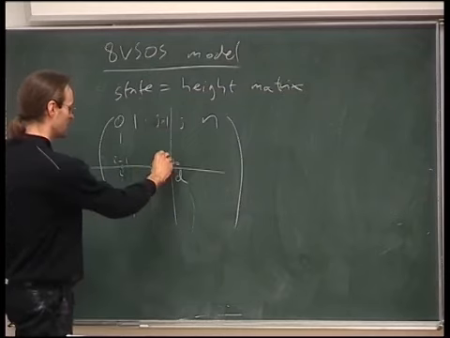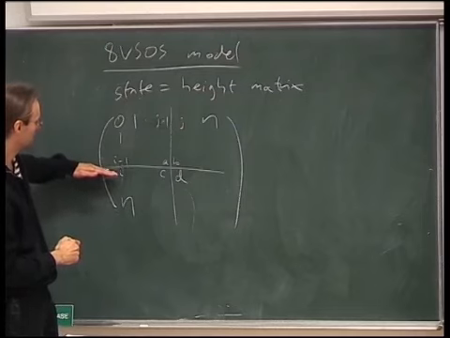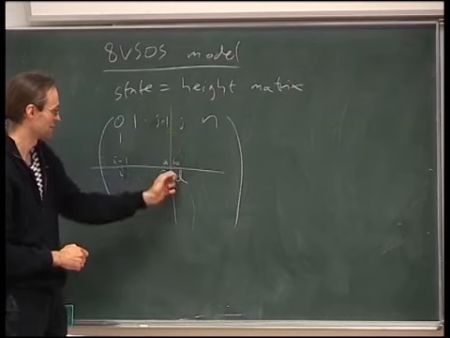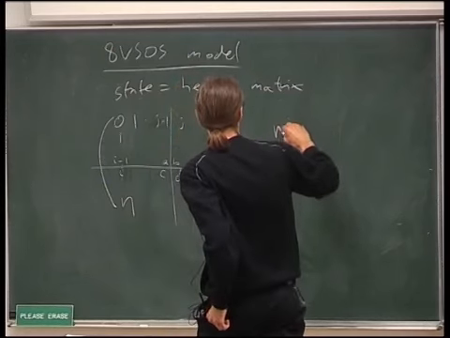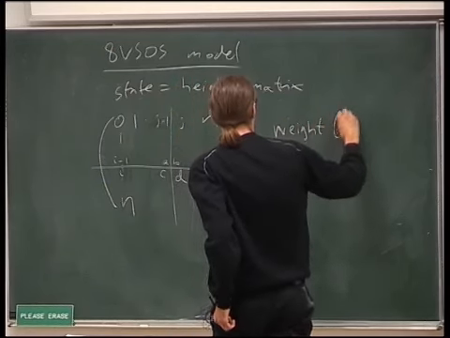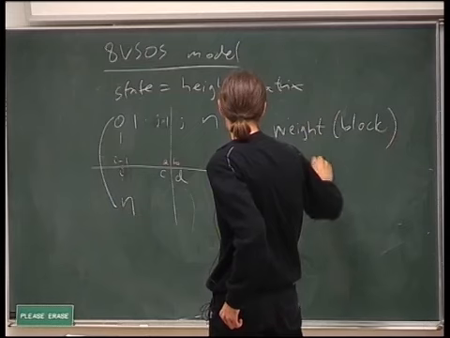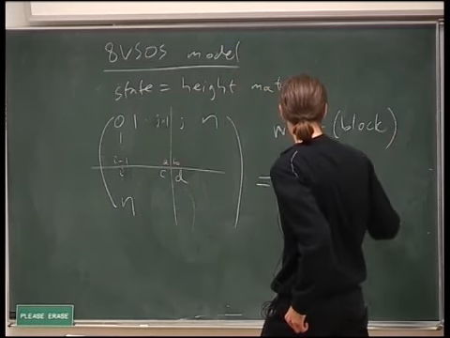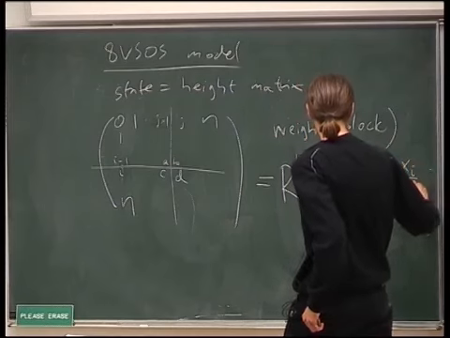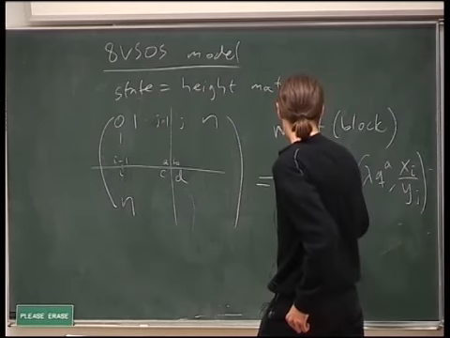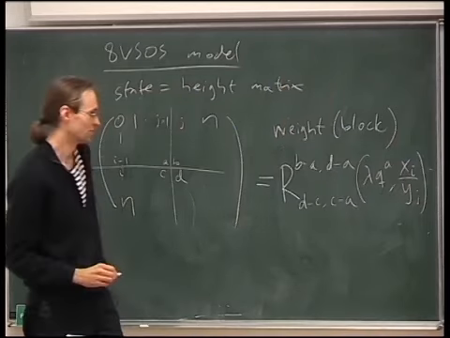So if you have a block like this, which is in the ith row and jth column here, and has entries A, B, C, D, then this block will have a weight given by this rule.